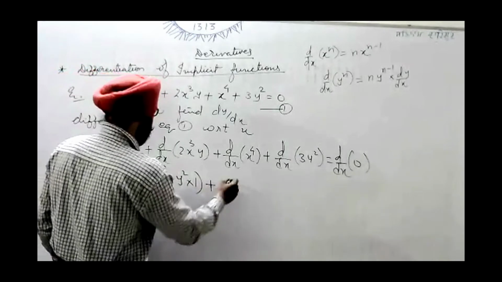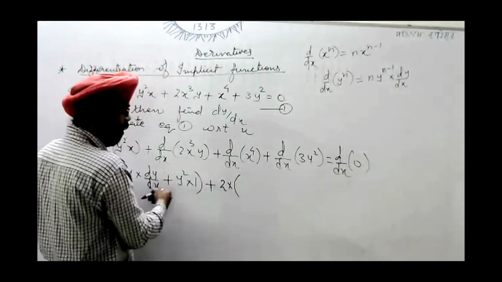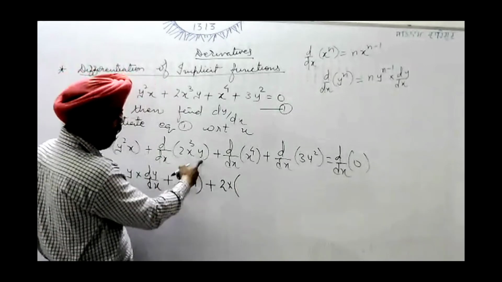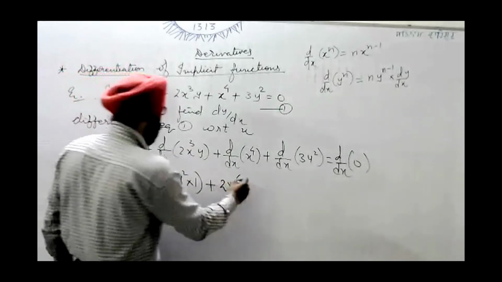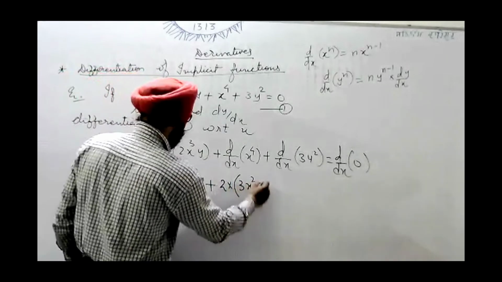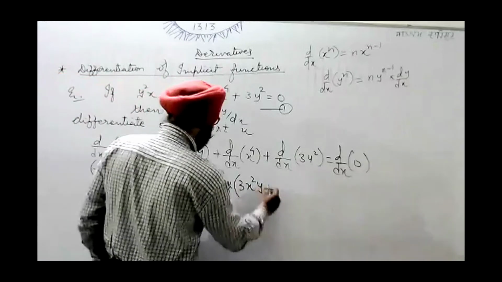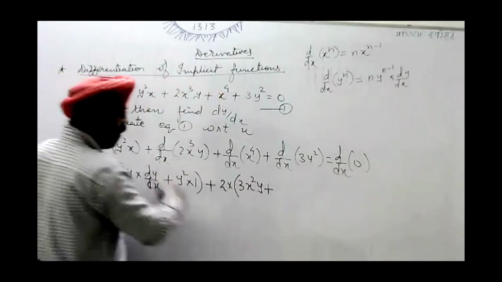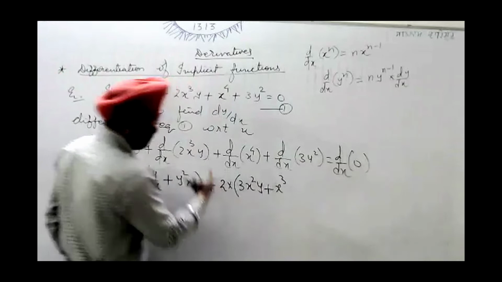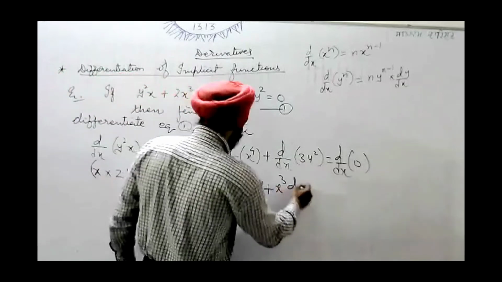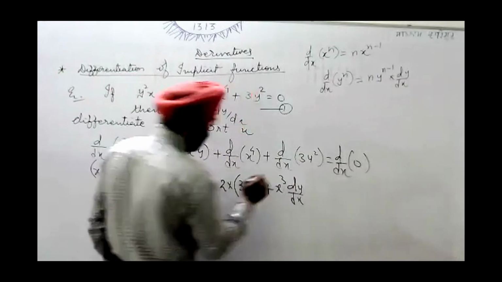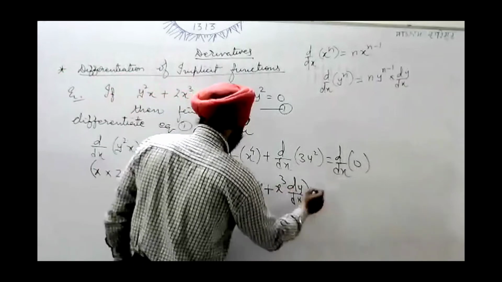Now differentiate this whole using product rule. X cube differentiation is 3x square, y as it is. Now plus x cube as it is, y differentiation is dy by dx. Only y is always dy by dx.